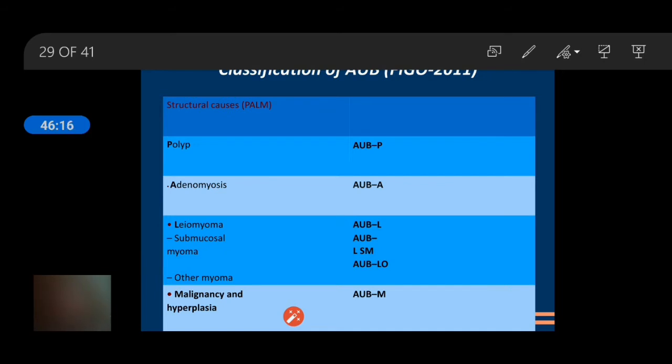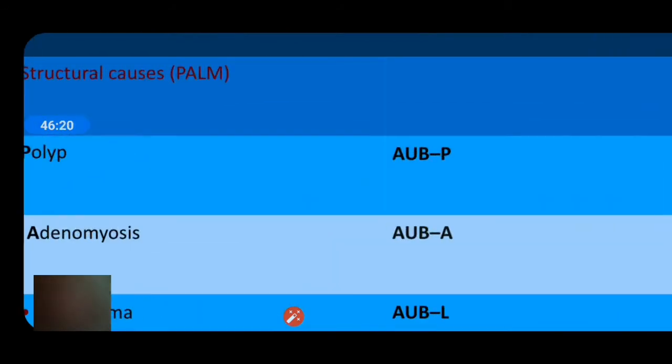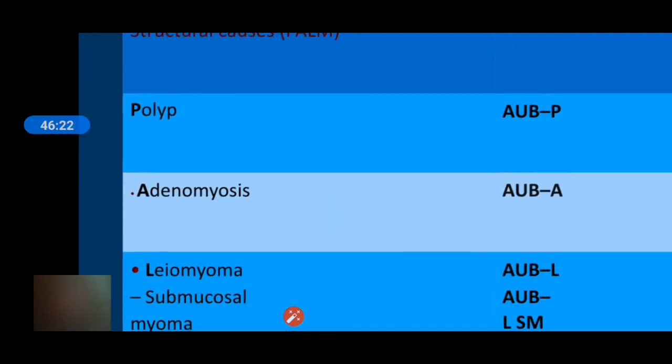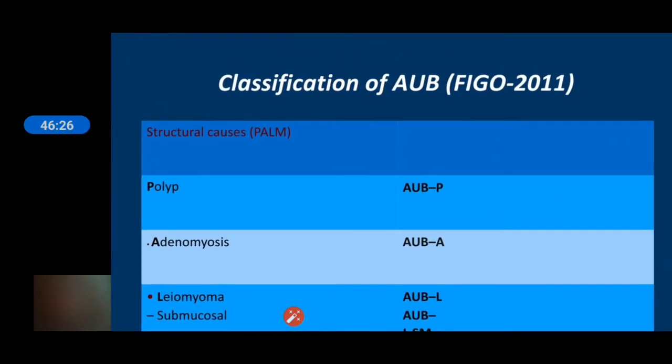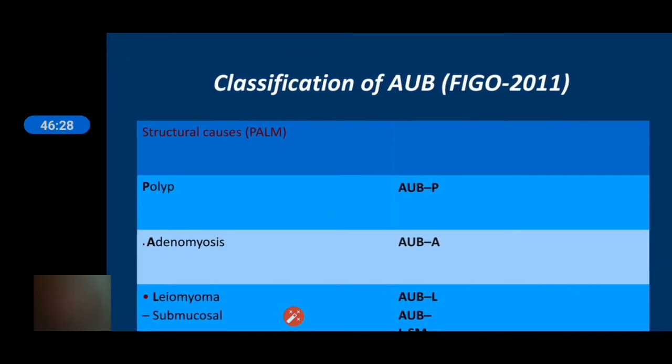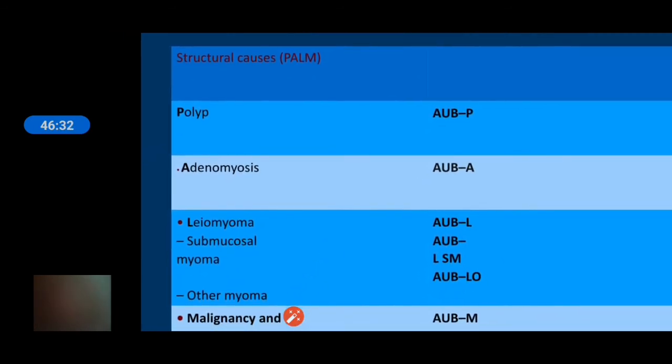PALM indicates structural causes like polyps, P for polyps. So you can denote this as AUB-P. A for adenomyosis, AUB-A, where adenomyosis is the cause of AUB.